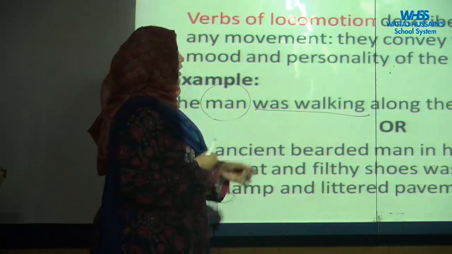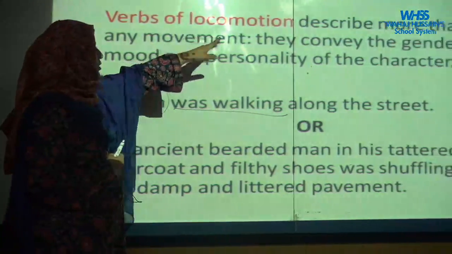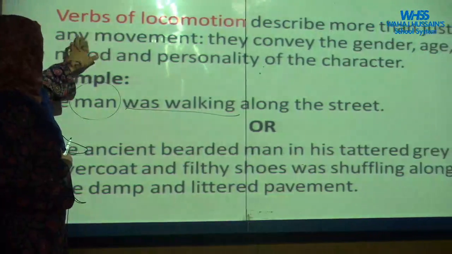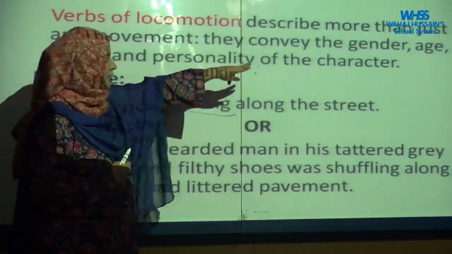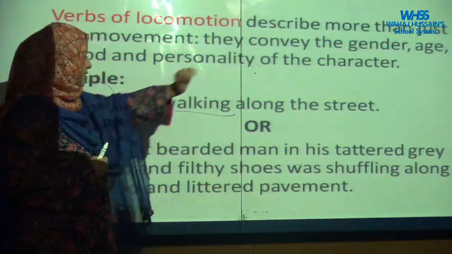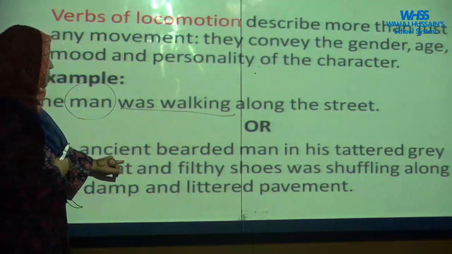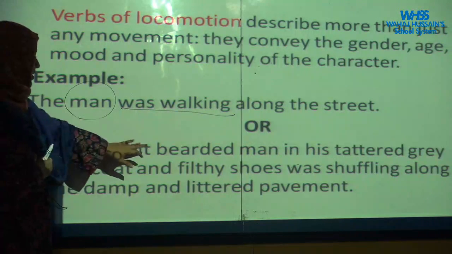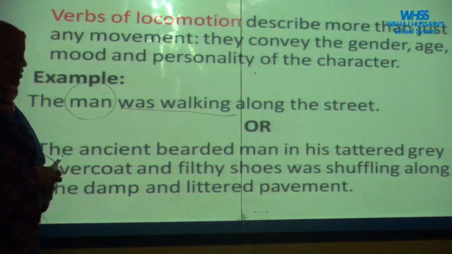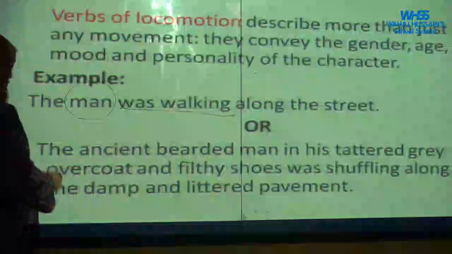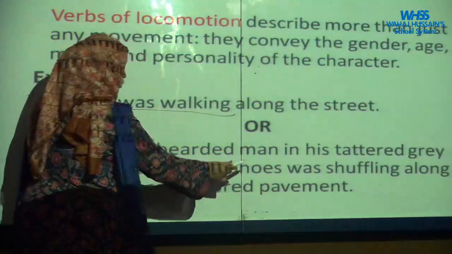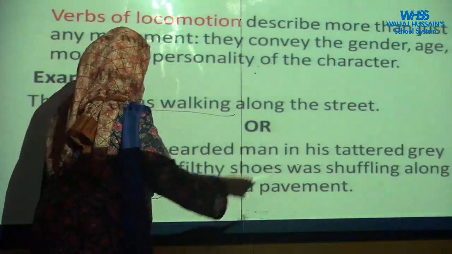Over here, verbs of locomotion describe more than just any movement. Look at the way they communicate more about the gender and age. Gender, man; age, ancient. The ancient bearded man in his tattered grey overcoat and filthy shoes was shuffling along.